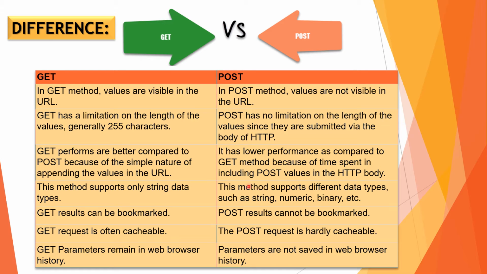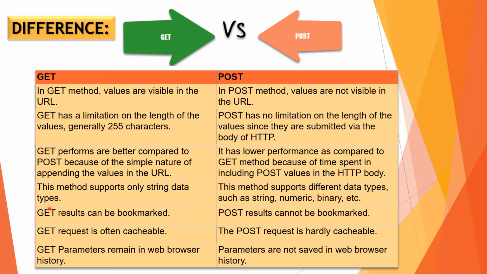On the other hand, the post method will support different data types such as string, numeric or binary, etc. So as compared to get and post, if we see this difference, the get is having some good advantages and post is having some good advantages.